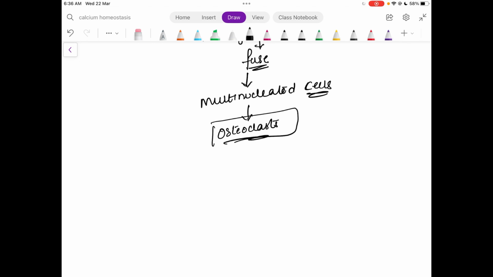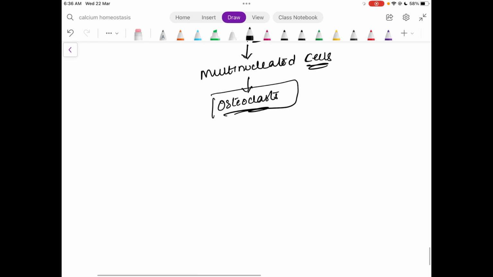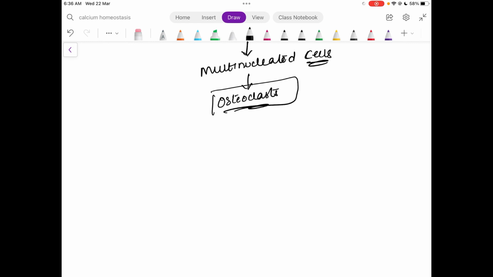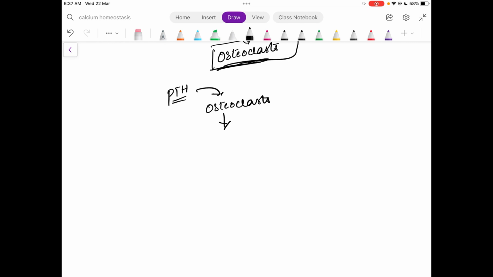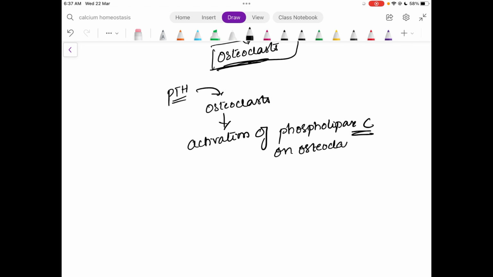What is the function of osteoclast? So this PTH helps in synthesis of osteoclast, and this PTH will act on osteoclast and cause activation of phospholipase C on osteoclast.